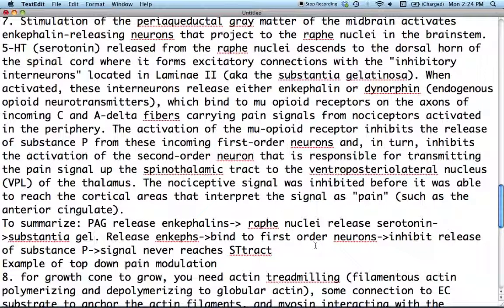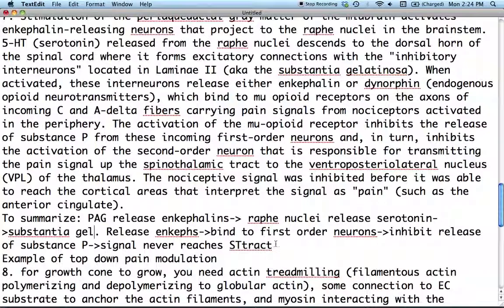Normally your first-order neurons would bring your pain signals, your A delta or your C pain fibers. Those are incoming, and normally they would synapse with interneurons in the spinal cord, cross over and go up the spinothalamic tract.